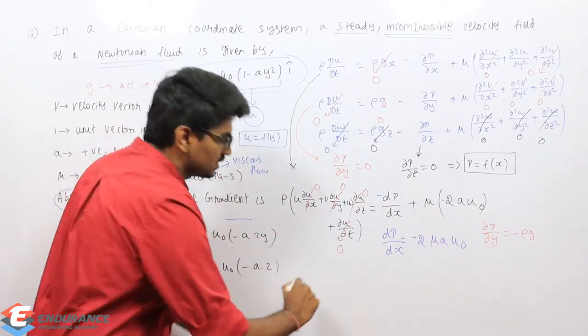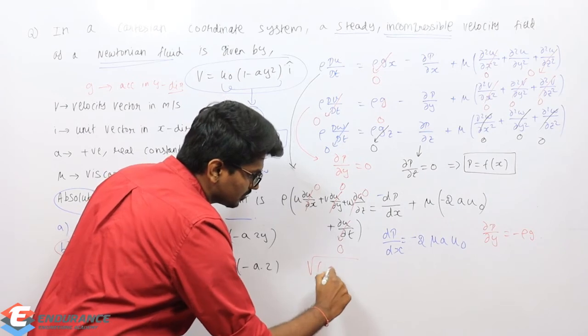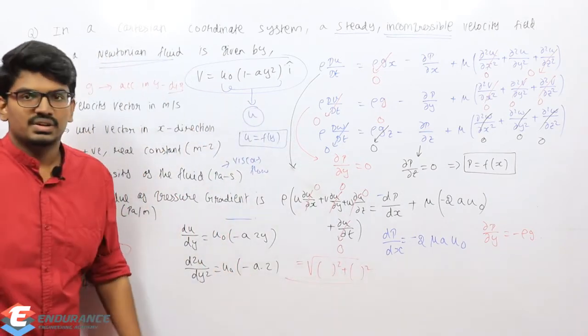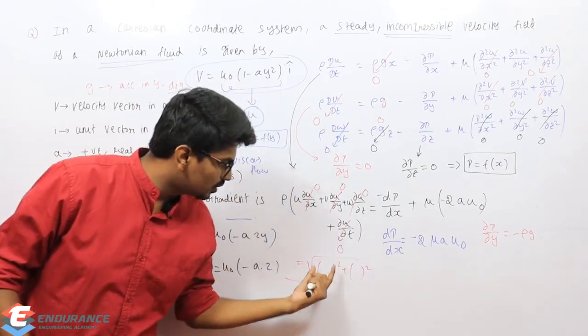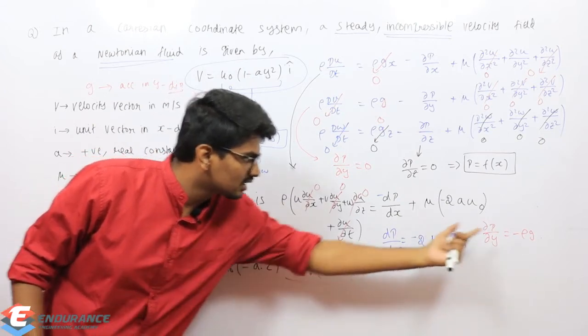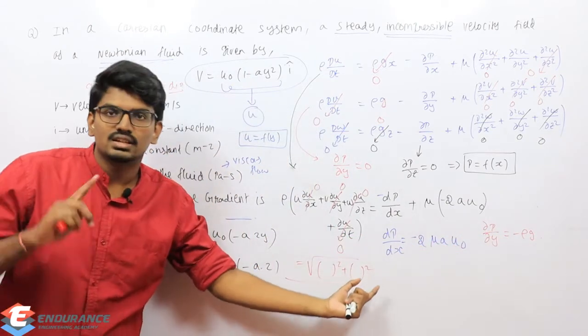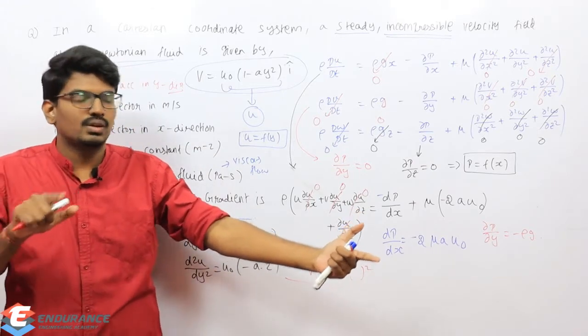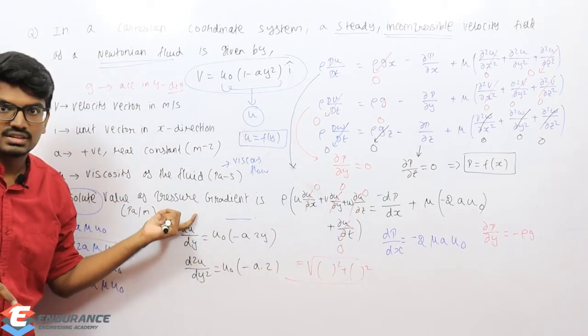So what I need to do? Simple. I need to find out square plus square, that will give me the pressure gradient, that is dou p by dou x square plus dou p by dou y square. You substitute this here, you substitute this minus rho g here, take a square root, that will give me the absolute value of the pressure gradient.